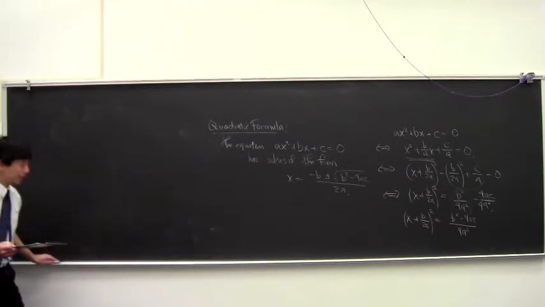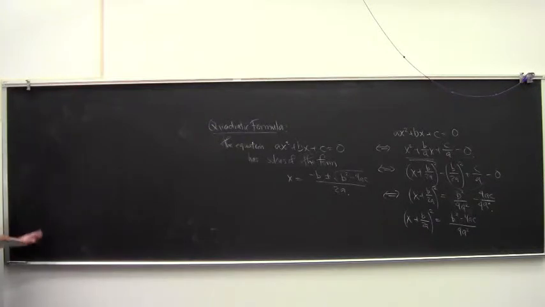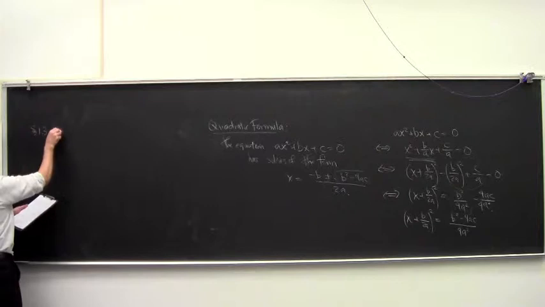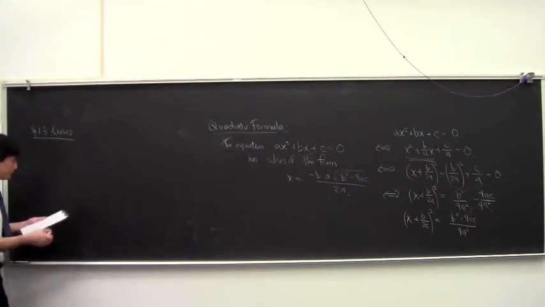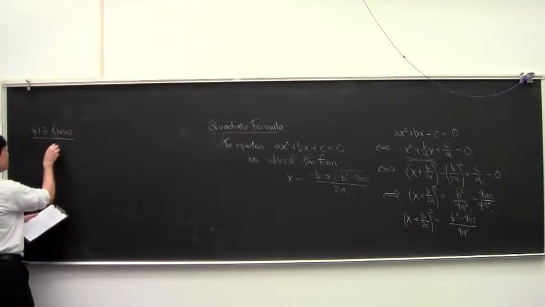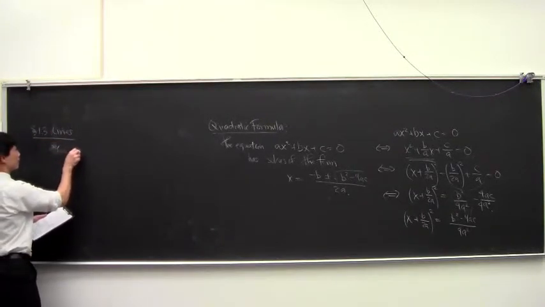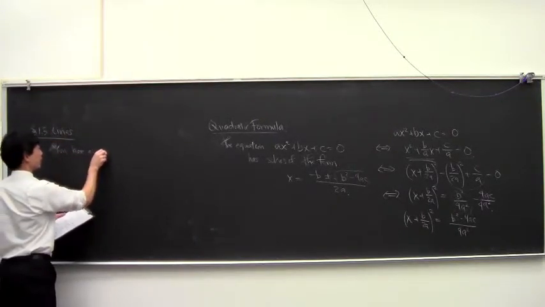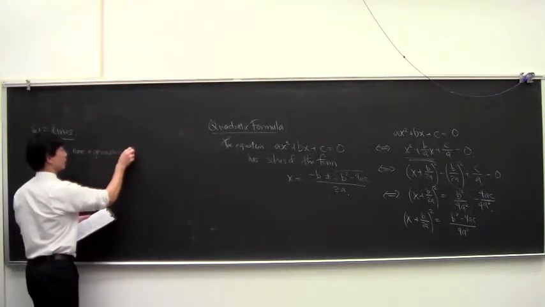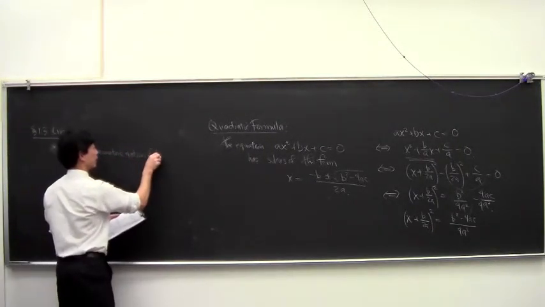Okay, so now let's get to the actual topic of the class for today, which is lines. Of course, you've seen lines before, right? You already have a geometric notion of line.